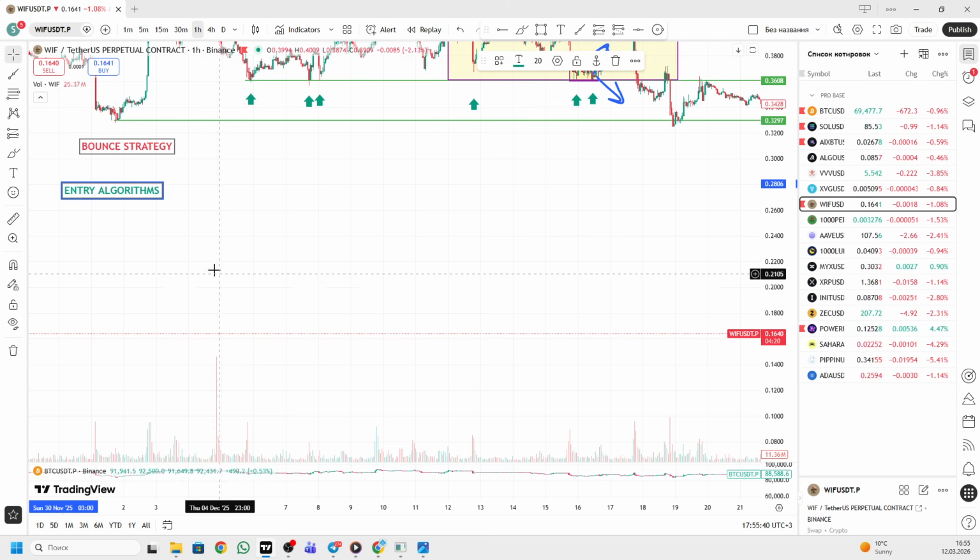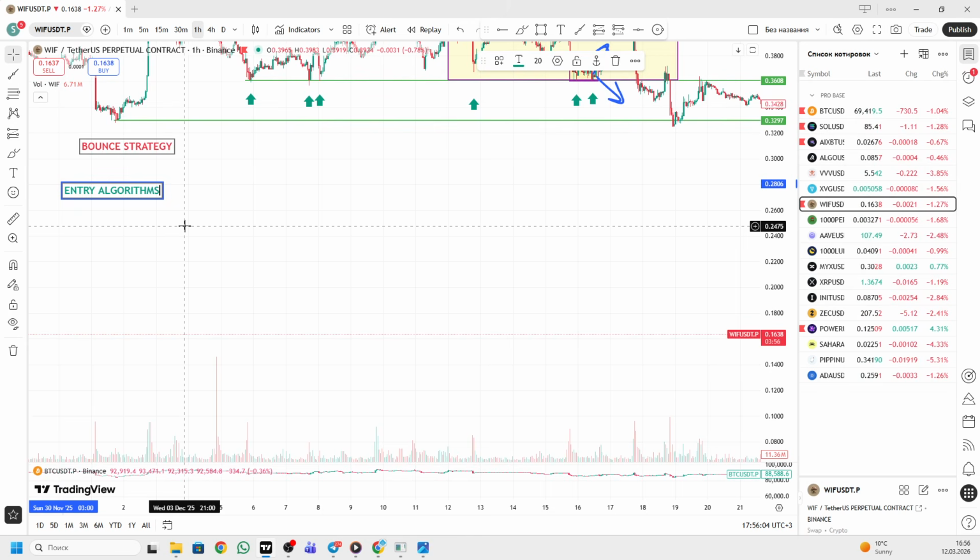The main thing is to find a strong level. This is very important. Don't rush. Nobody's pushing you anywhere. Find the multiple touch level, identify the approaches to the level, study it, analyze it, and then calmly enter according to the algorithm.